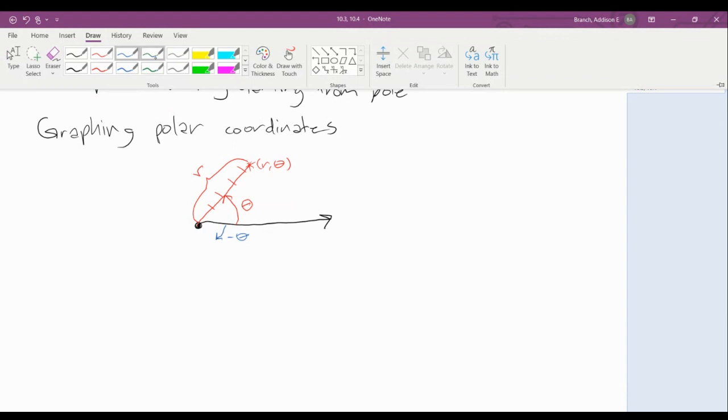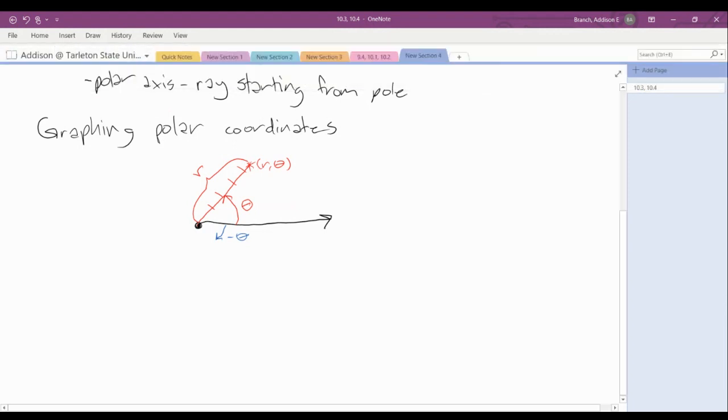And then another thing that can happen is if we have a negative r. If r is negative, essentially what we do is you go r units over. So for example, let's say we're going (r, theta).